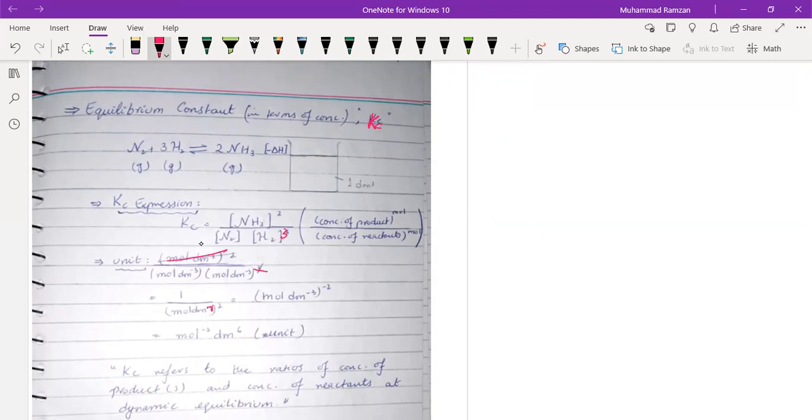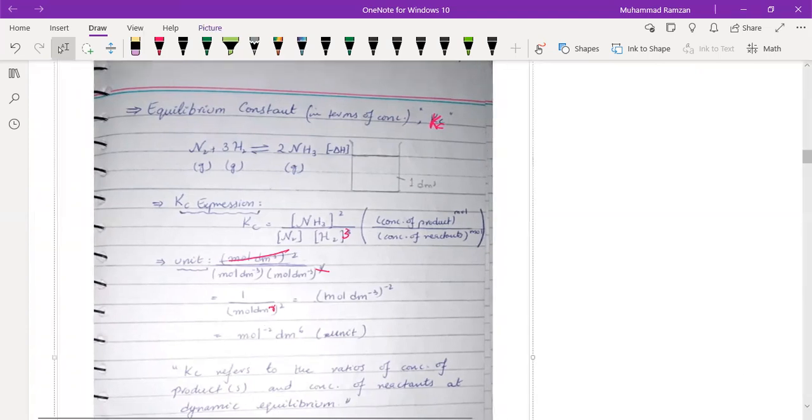If you shift mole dm minus 6 above, this is the unit. So basically, Kc refers to the ratio of concentration of products and concentration of reactants at dynamic equilibrium.